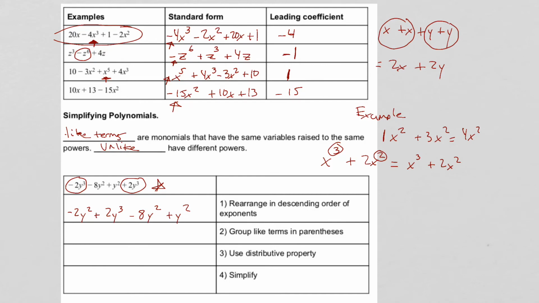Now let's group the like terms in parentheses. It appears minus 2y squared and plus 2y squared are the same term, y squared. And then I'm going to add that to, in parentheses, minus 8y squared plus y squared.